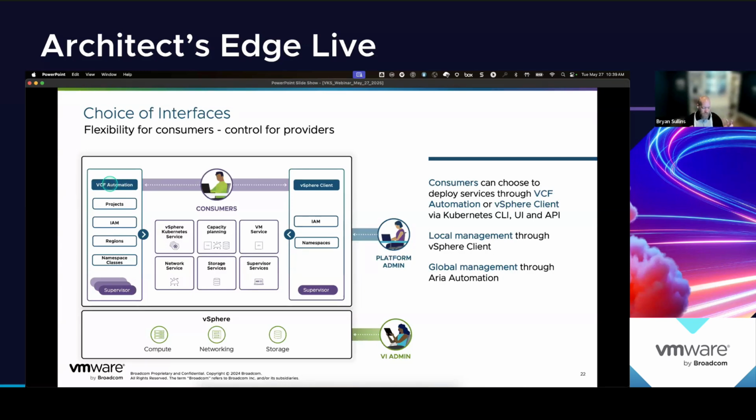This gets into, okay, I want to have a centralized, catalog-based methodology, not unlike you would see in the public cloud. I want to grant my developers or my platform engineers or my site reliability engineers the capability to just click a button and roll out a Kubernetes implementation. That is what we are talking about here.